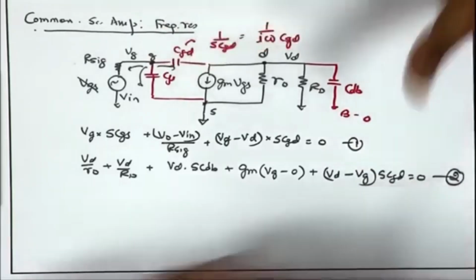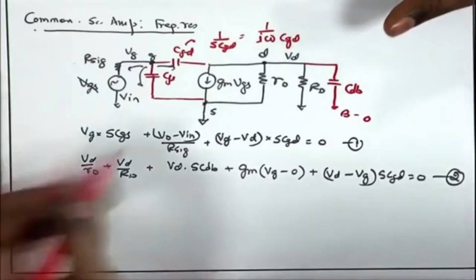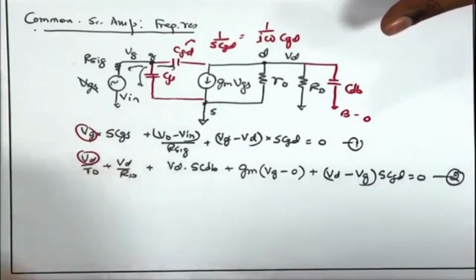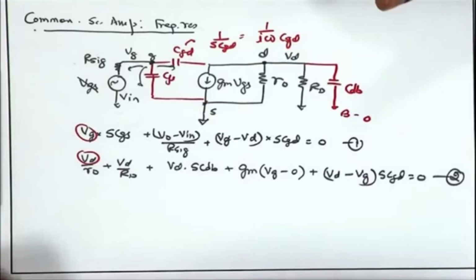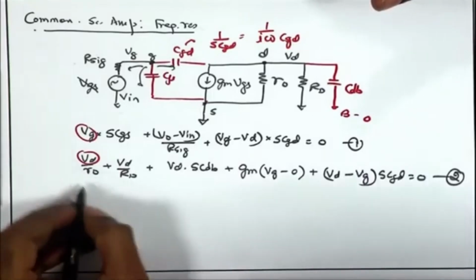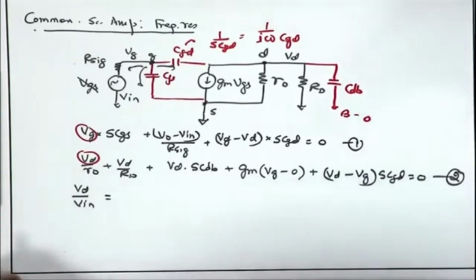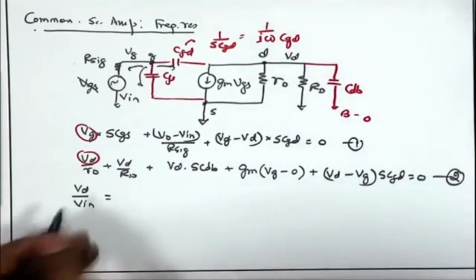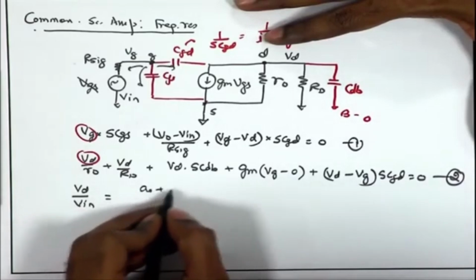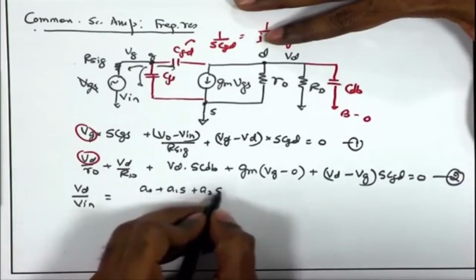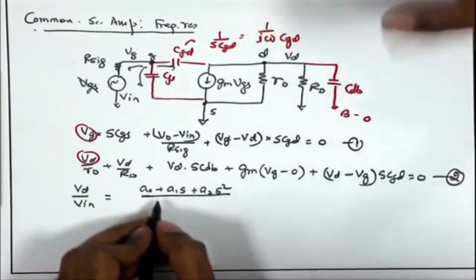This is the second equation, and here we have two unknowns, Vg and Vd, and two equations. We can solve them and find the exact expression for Vd as a function of Vin. We expect it is going to be some polynomial in S, maybe A0 plus A1 S plus A2 S squared, second order, because you have two capacitances.